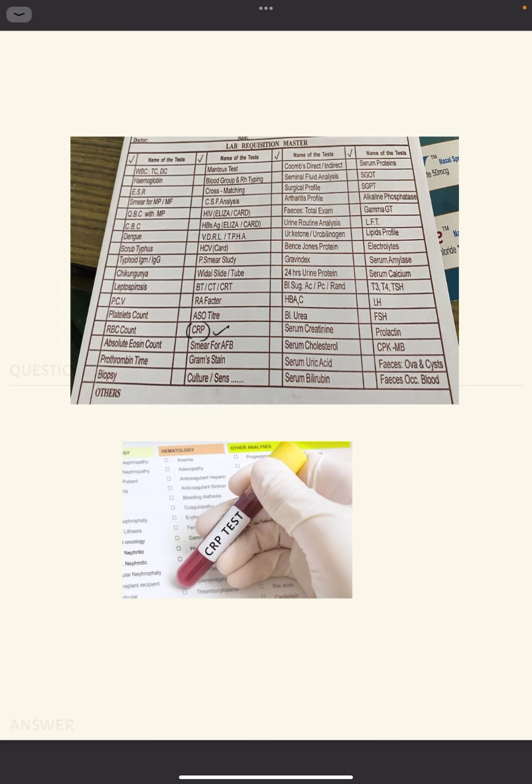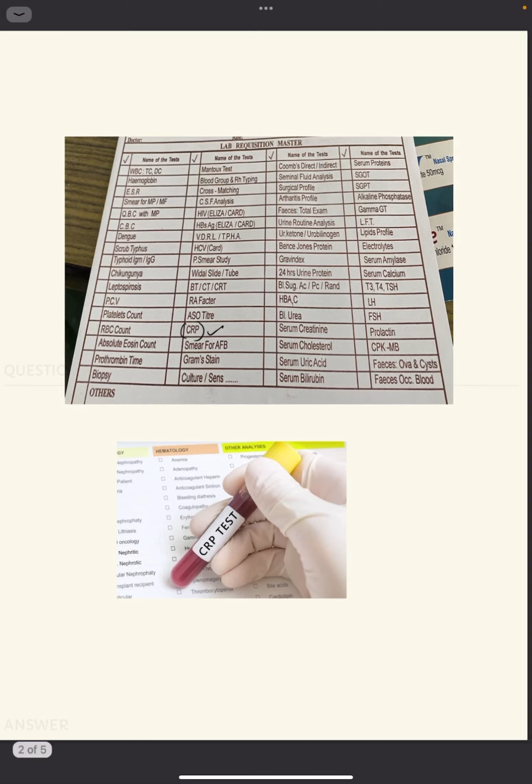After this, a doctor can make a diagnostic test, first basically for whether a person is infected or not. The physician goes directly for a CRP test. What is a CRP test?